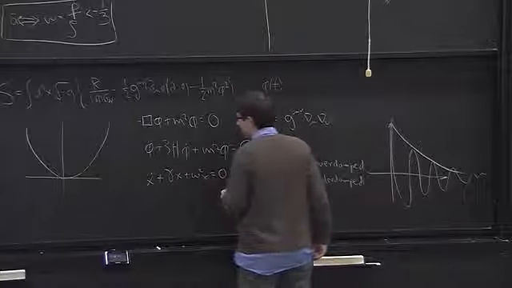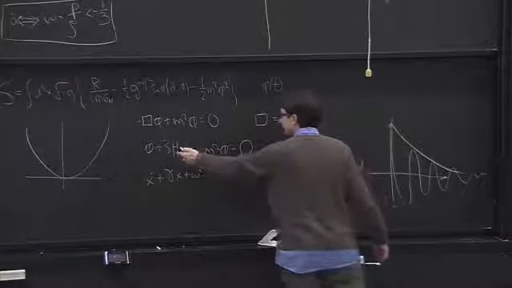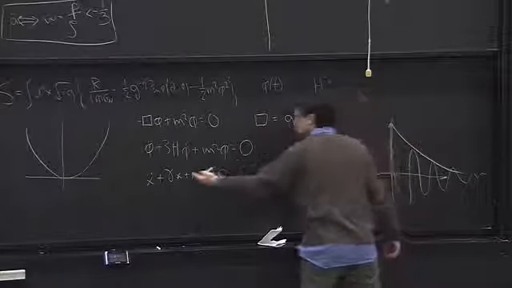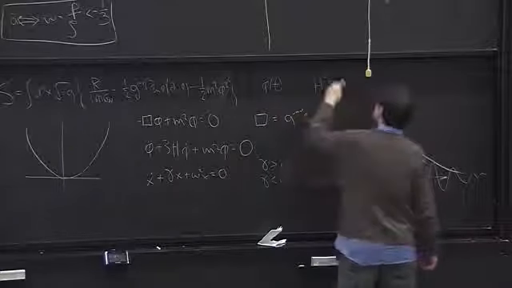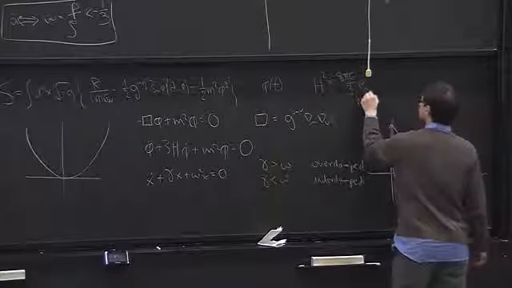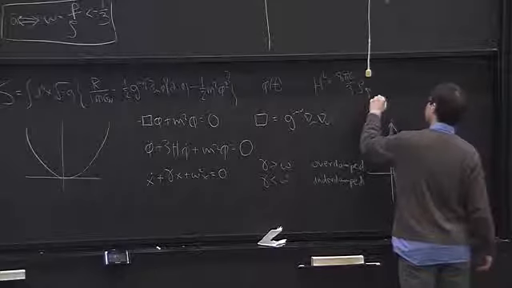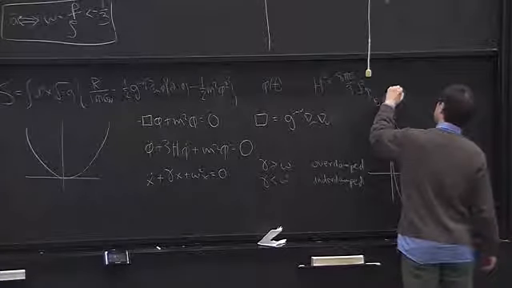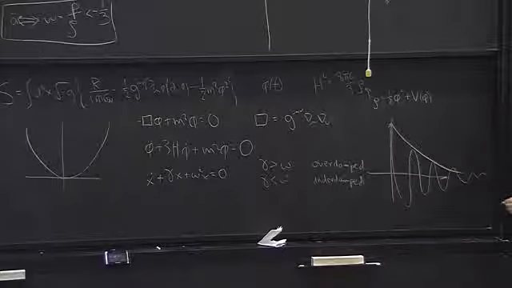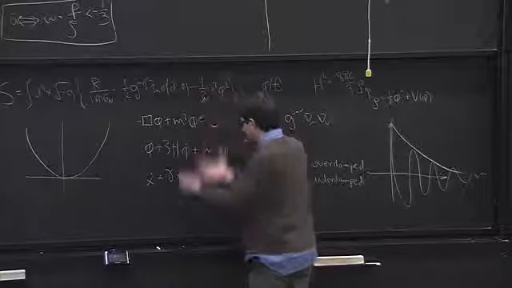In this problem, H will be given by the Friedmann equation, where rho is nothing but the rho coming from the scalar field. For a scalar field, rho is its kinetic energy plus its potential energy, as you might expect.